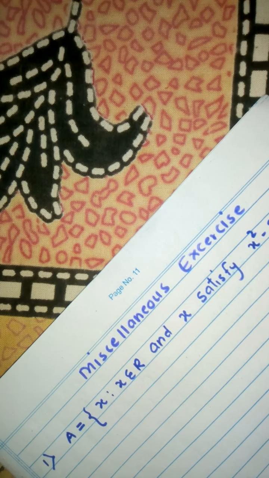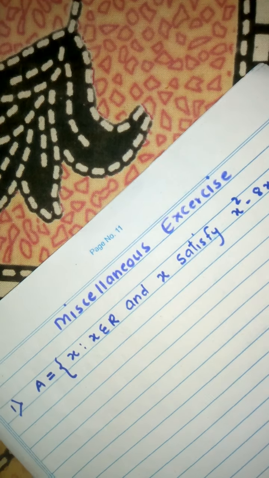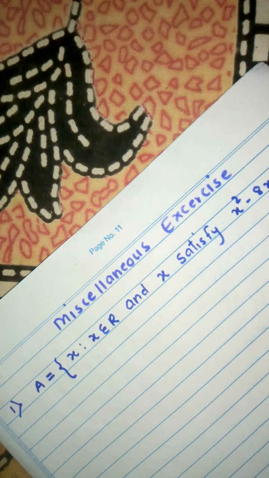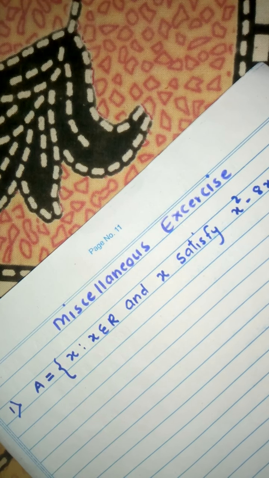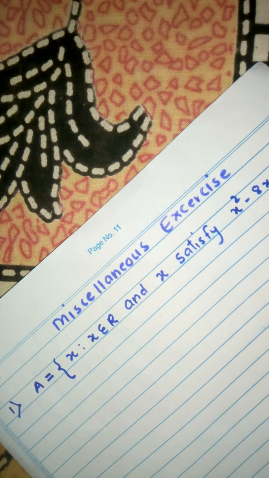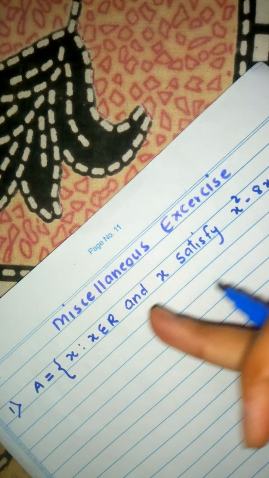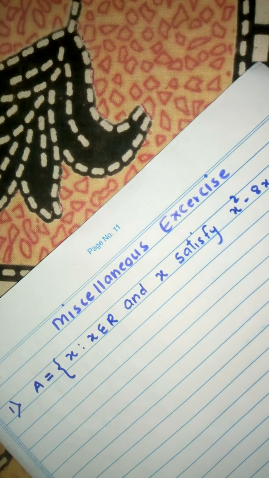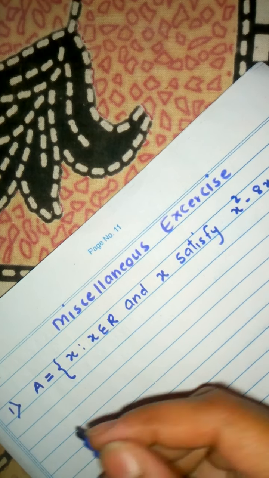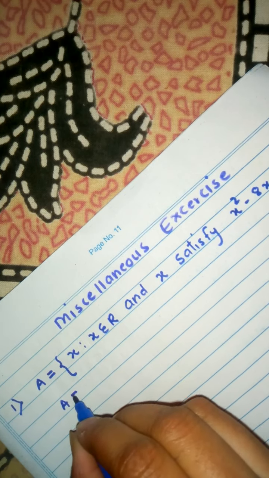Here the set is given in set builder form. We don't know what the elements of this set are. To know which set this set is a subset of, we have to first find the number of elements in this set A.